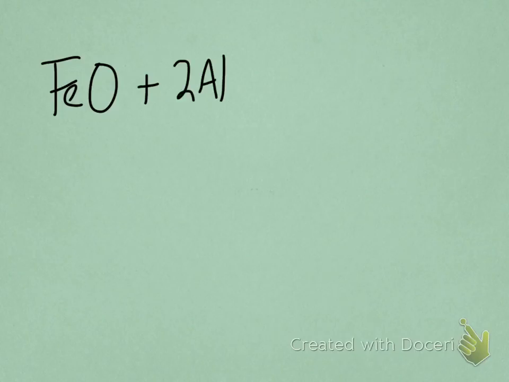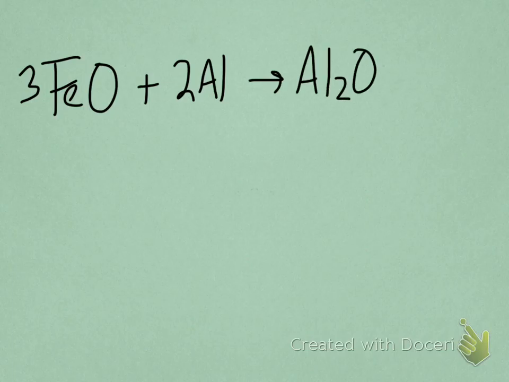So we've got 3 FeO, 2 aluminum, yields Al2O3 plus 3 moles of iron. Okay.